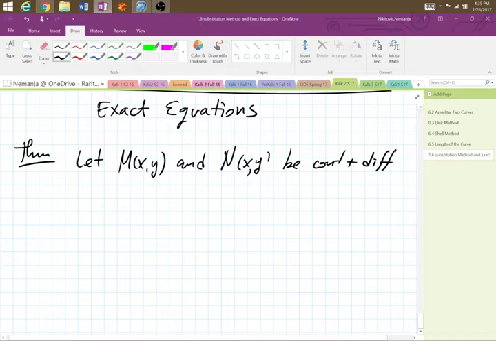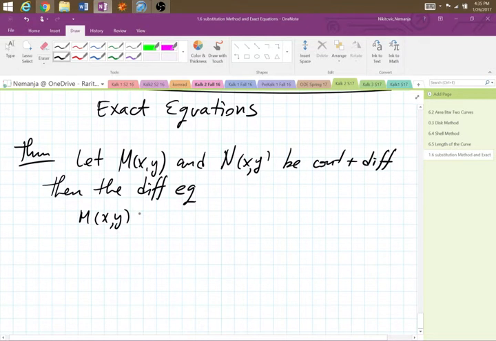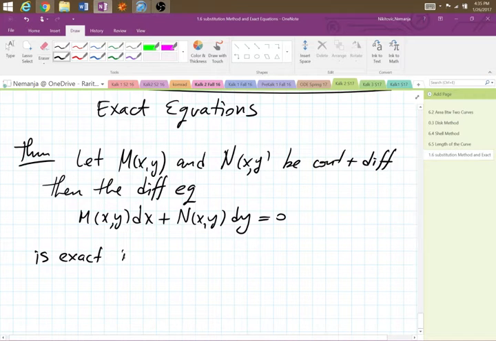So then the differential equation, so DifEq, right? M of x, y dx plus N of x, y dy equals 0 is exact if and only if the partial of M with respect to y is the same as the partial of N with respect to x.